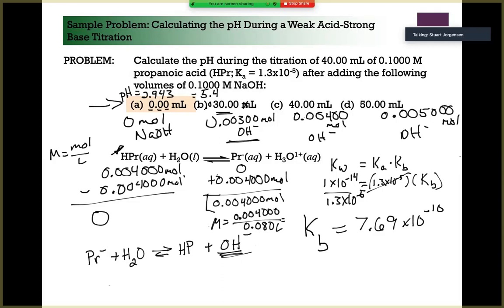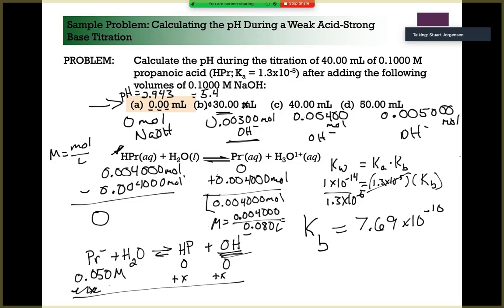I'm going to put it down below because we're getting a little congested here. 0.004 divided by 0.08 gives us a molarity of our propanoate of 0.050 molar. That's going to technically go down a little bit, but not much. Right now we've got none of those. They go up by some, they go up by some.